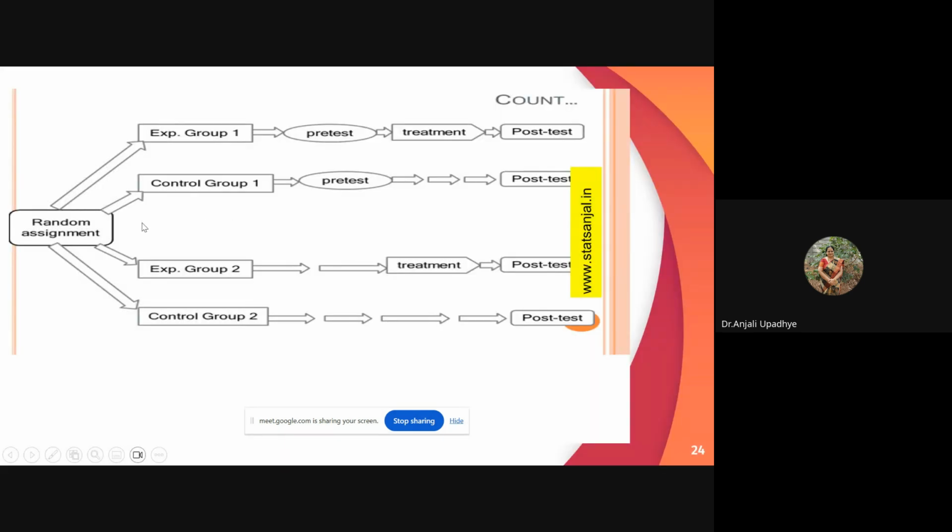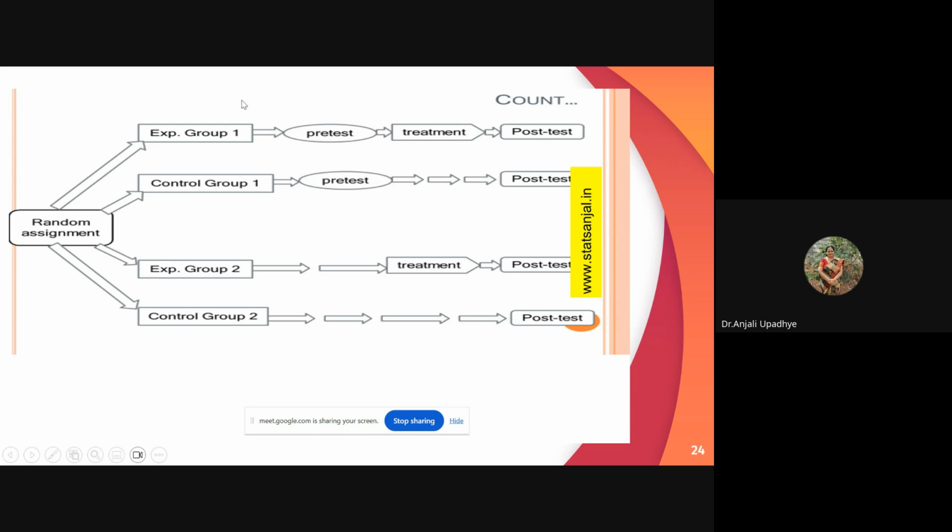Again, random assignment, experimental group and control group: pre-test, treatment, post-test. This group is exposed to the disease, and this is another group which is not exposed to the disease.